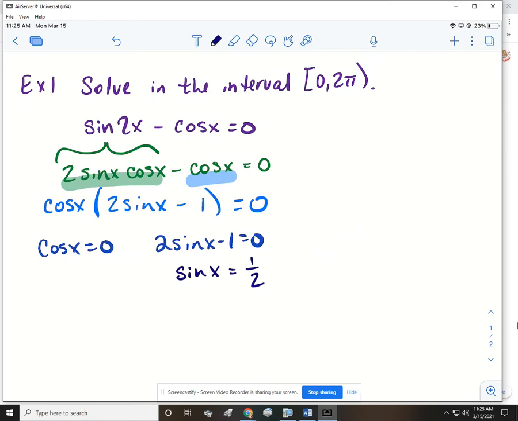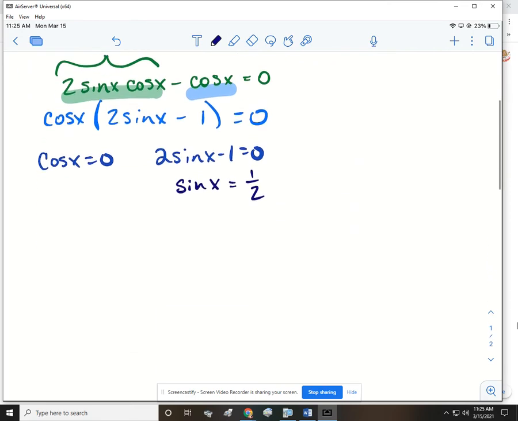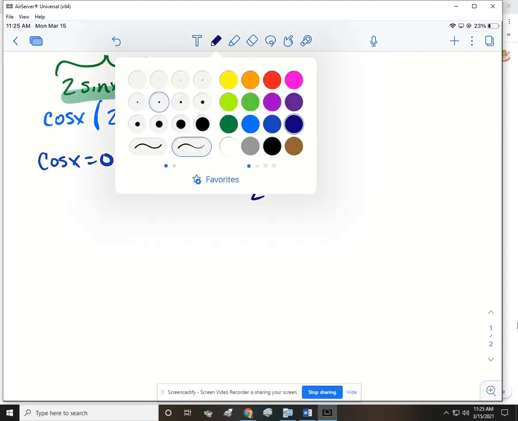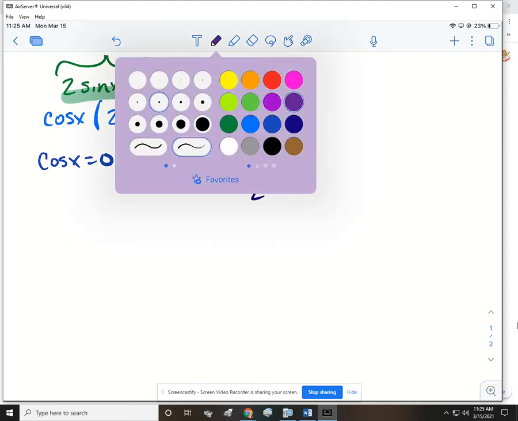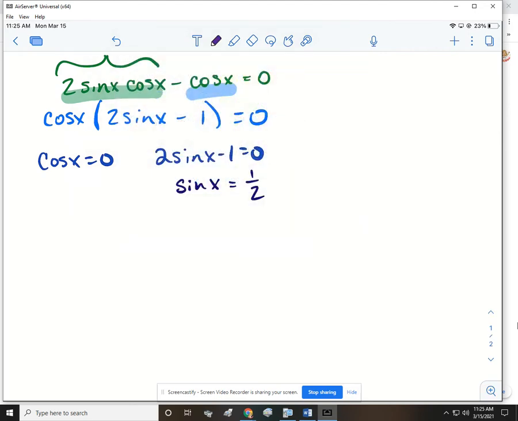All right, so the cosine of x equals 0. So anytime where we have cosine or sine is equal to 0, 1, or negative 1, we're going to go to the quadrant angles.